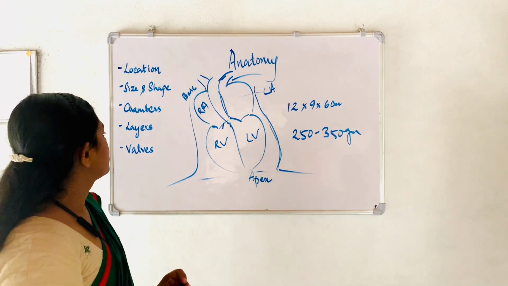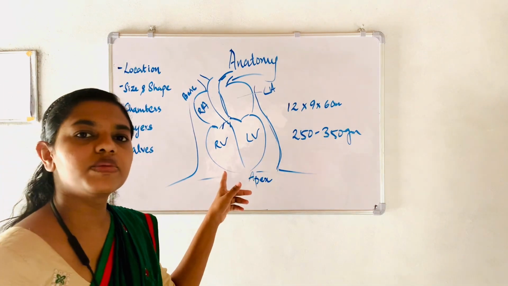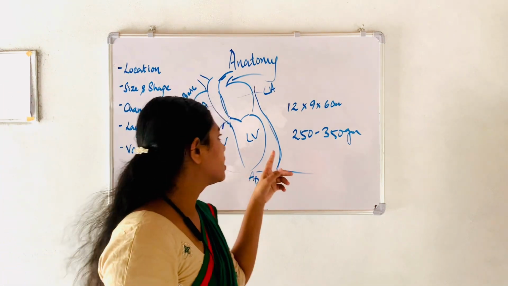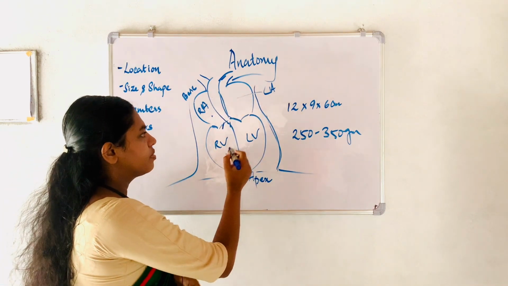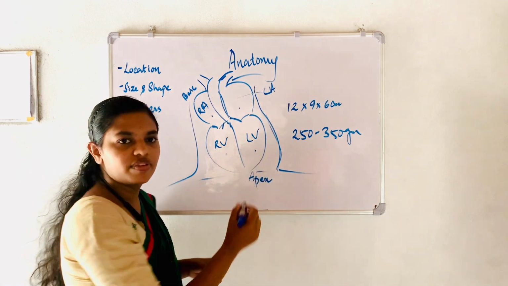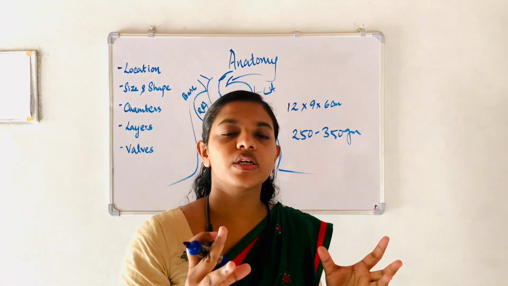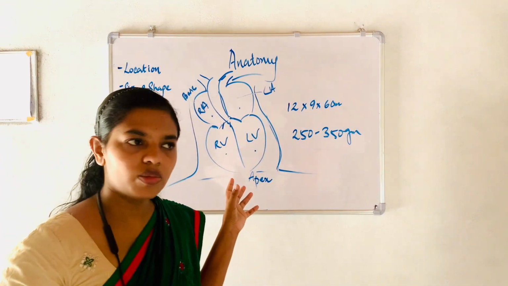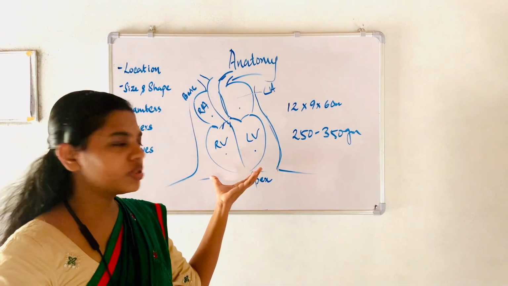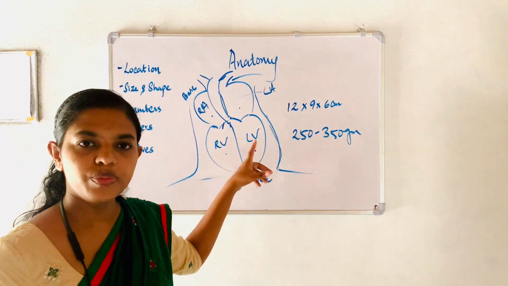And next we will learn about the chambers of the heart. How many chambers are there? There are 4 chambers: right atria, right ventricle, left atria and left ventricle. The upper, smaller chambers are known as atria, and those are small in size. The lower portions are the right ventricle and left ventricle, those are bigger in size.